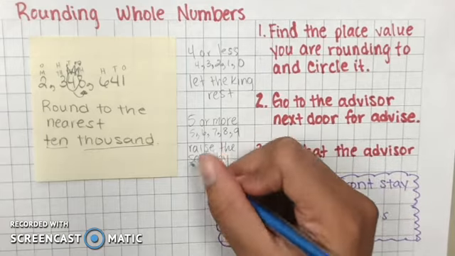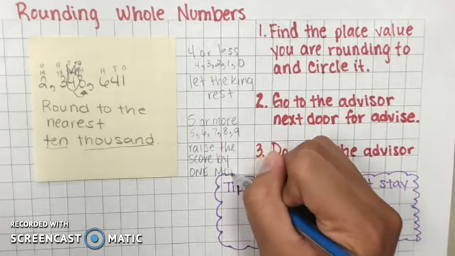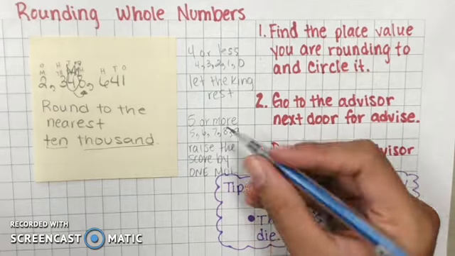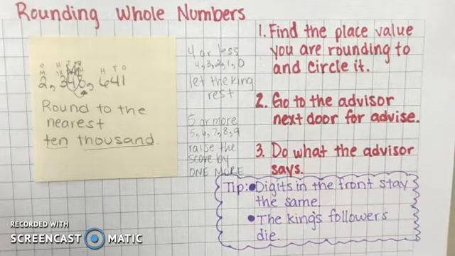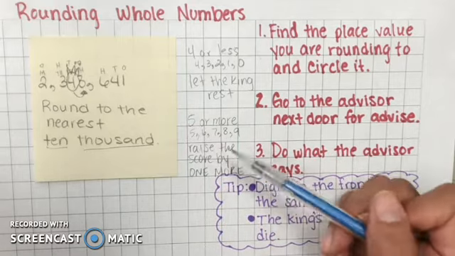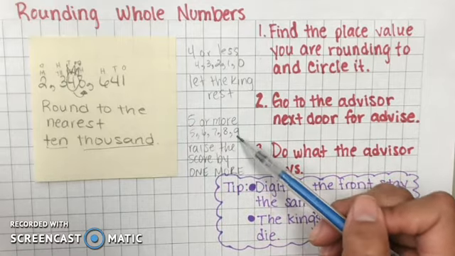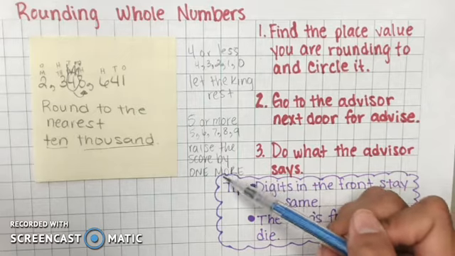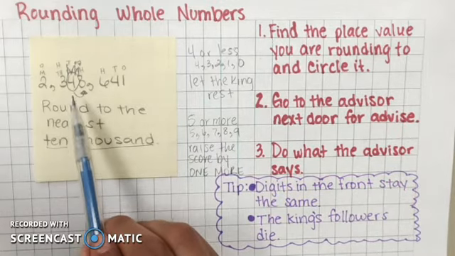And I'm going to use all capitals here for ONE MORE because I really want you to pay attention to that part. What that means is that if your advisor is a 5 or higher, 5, 6, 7, 8, or 9, you're going to add one more to the king. So you're going to do the king, whatever digit's in here, plus 1.